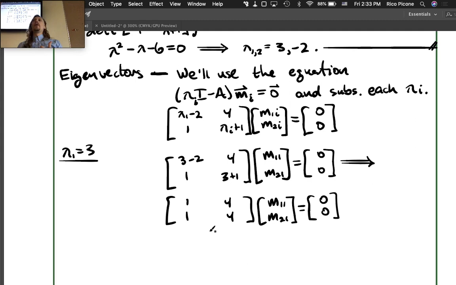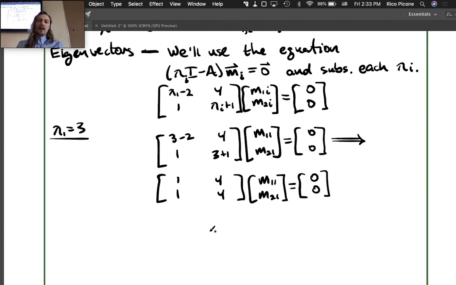So there are many ways we could go about solving for that family of solutions. I'll teach you the way that I think is maybe the easiest, but you can choose your own way if you have a preferred way. So you can take either equation, they're equivalent, right?